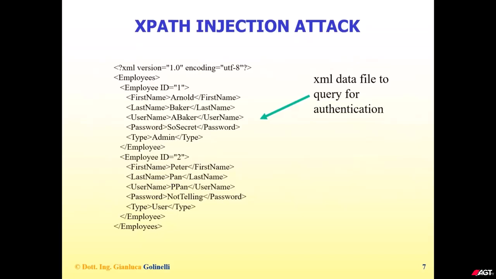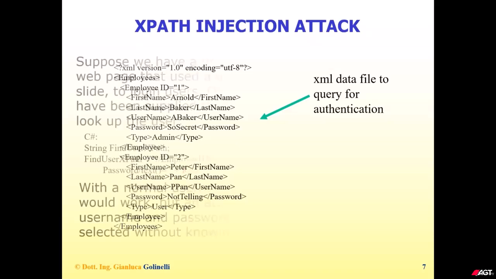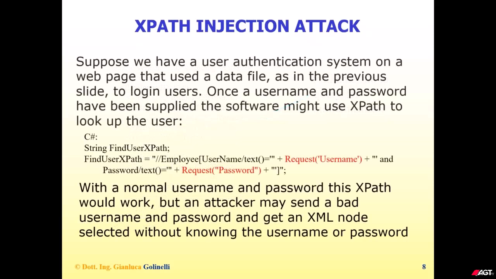Assuming that this XML file that represents a list of users is the object of the XPath query for a hypothetical authentication, we will see how, with a lack of validation, the XPath injection attack could occur. The slide shows how a vulnerable code could compose the XPath query server-side without validating the username and password values coming from user input.